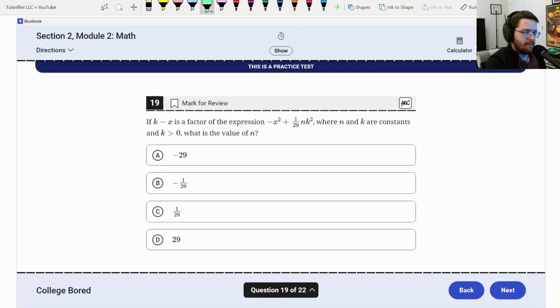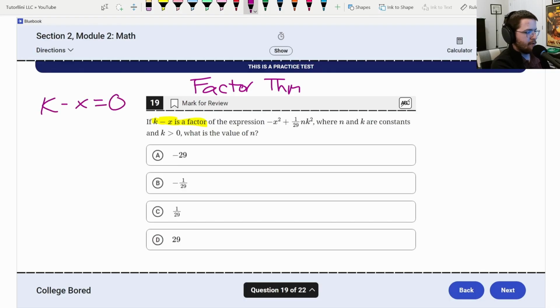Okay, question 19. Guys, this is testing you on something called the factor theorem. The factor theorem tells us that if k is a root, then x minus k is a factor. So basically, whatever makes that factor equal to 0 is also going to make the entire function equal to 0. I'm going to go off to the side and see what makes the factor equal to 0.